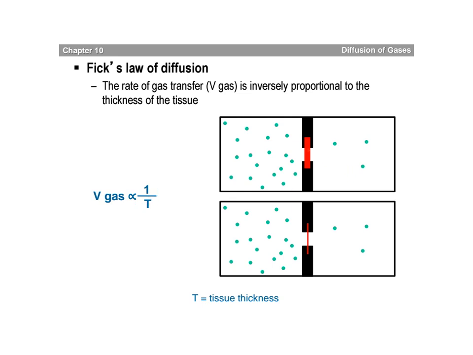So for example, let's take this as our starting point. Let's say we double the thickness. Well, now we'd be dividing by 2, and therefore the rate of gas transfer would be half of what it was originally. And you can conceptualize this as the fact that as these molecules go through this membrane, it's not just a simple straight shot through. Imagine sort of a matrix with different passageways and so forth.